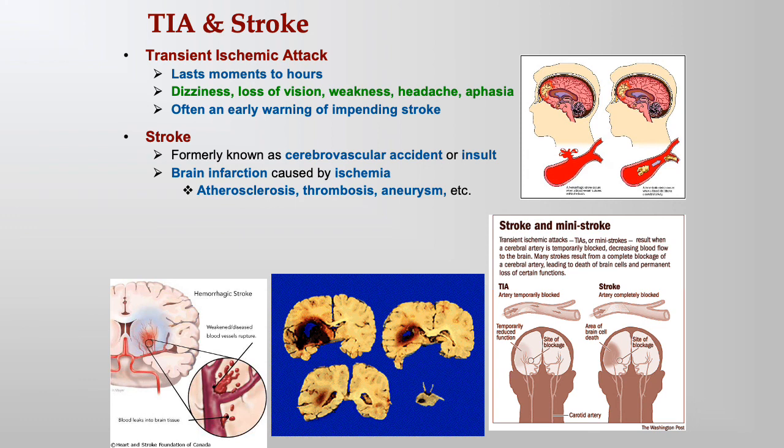So again, atherosclerosis can cause this, a thrombosis, a traveling blood clot, aneurysm that bursts open. All of these things can lead to not enough blood getting to a certain part of the brain, and that's going to lead to stroke. The effects range from unnoticeable to fatal. There are people who have strokes and don't even really know they've had it until later they notice loss of function or whatever. And sometimes people just die right on the spot.